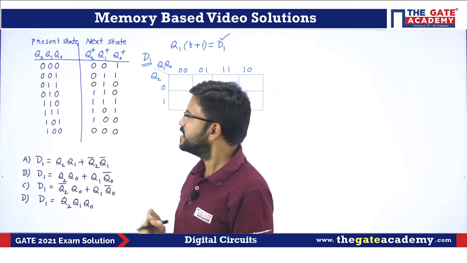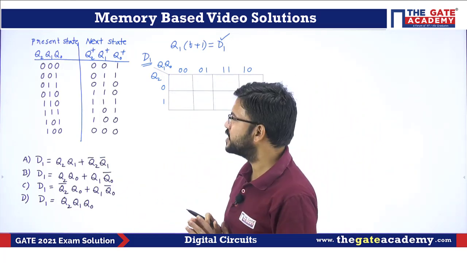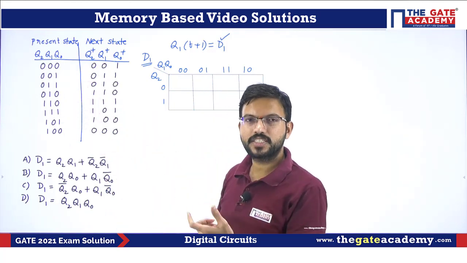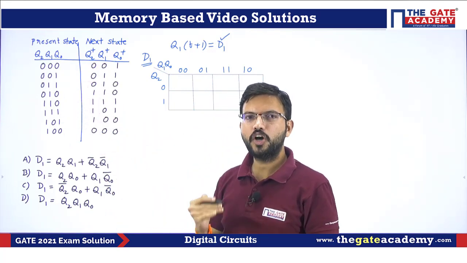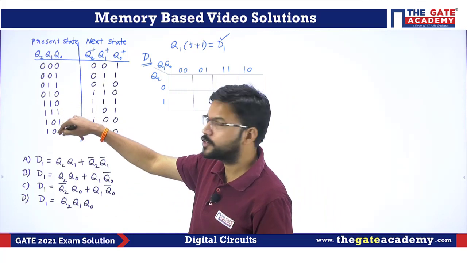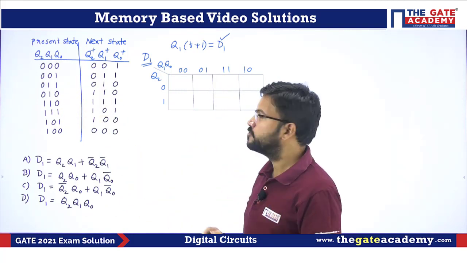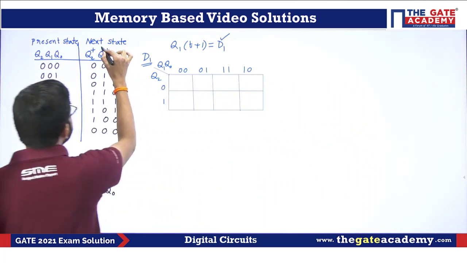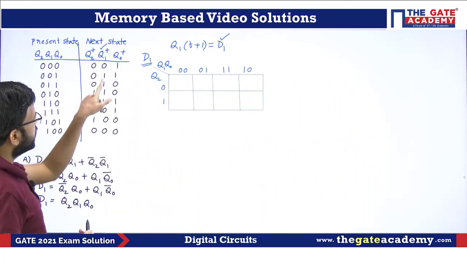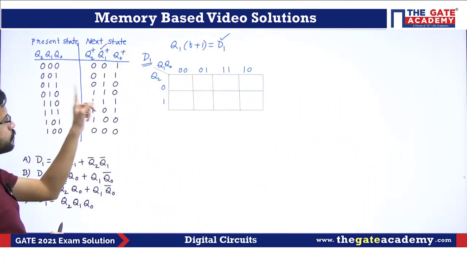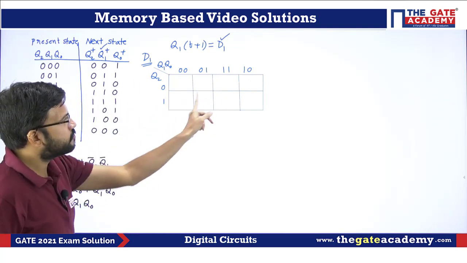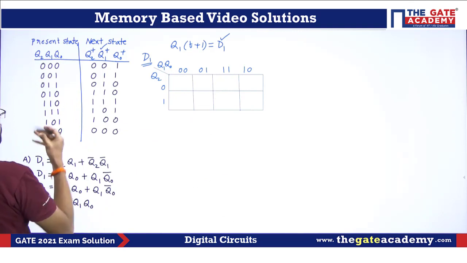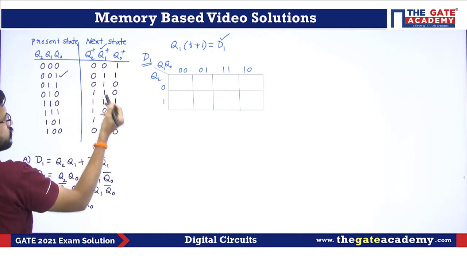But here, the interesting thing is, in general you write the binary inputs in sequence, starting from all bits 0 to all bits 1. But here you have the gray code, so you have to be very careful while writing the ones. Just observe only this column; wherever you get 1, observe the respective input combination and place the ones in the respective cells. Here 0, 0, 1, output is 1.